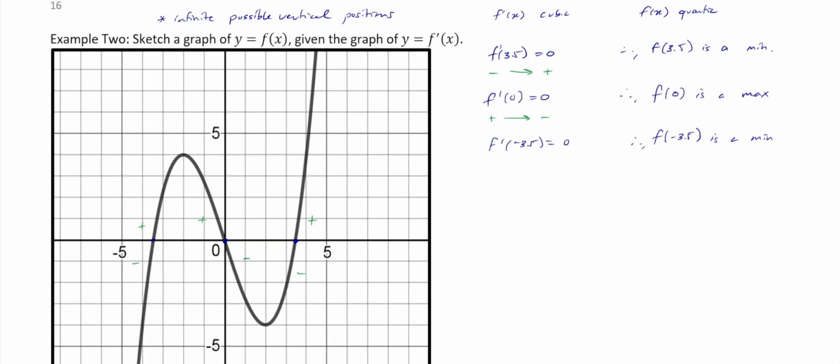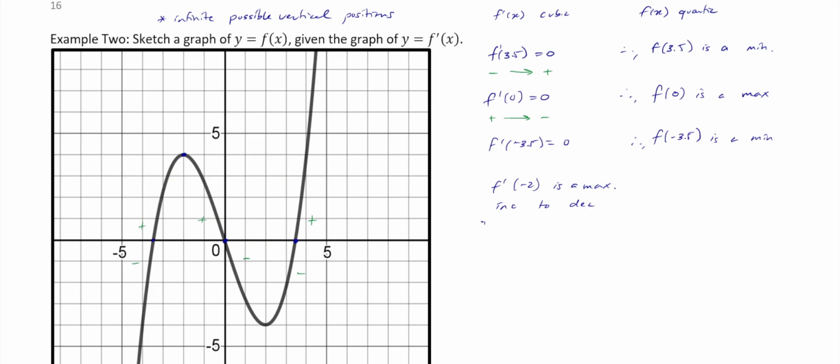What else do I see here? Okay, so if I have this right here, I've got a maximum, so f prime at negative 2 is a maximum. And it's going from increasing to decreasing, right? The derivative function is increasing and now it's decreasing.